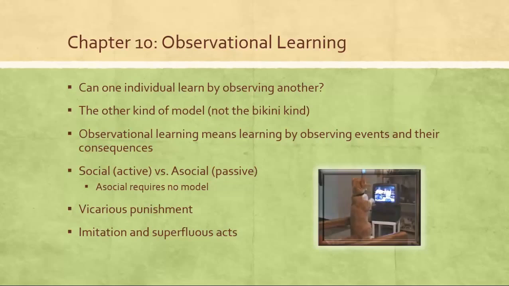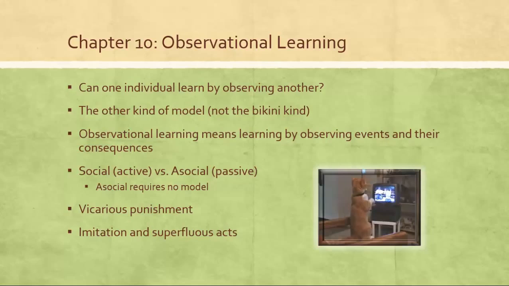Social observational learning versus asocial. The social version of observational learning may also be called the active model type. In this case, observing the behavior of another individual and the consequences of the model's behavior has an effect on the observer.